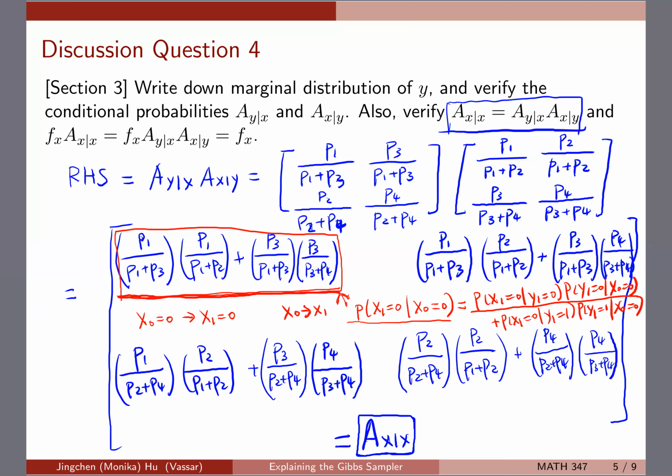And you add these two up, because by the law of total probability, I'm summing over all of the possible values of Y1 in this case. And then I get my left-hand side, which is the conditional of X1 equals 0 given X0 equals 0. And you do that for all four elements. And then you're ready to verify the results.